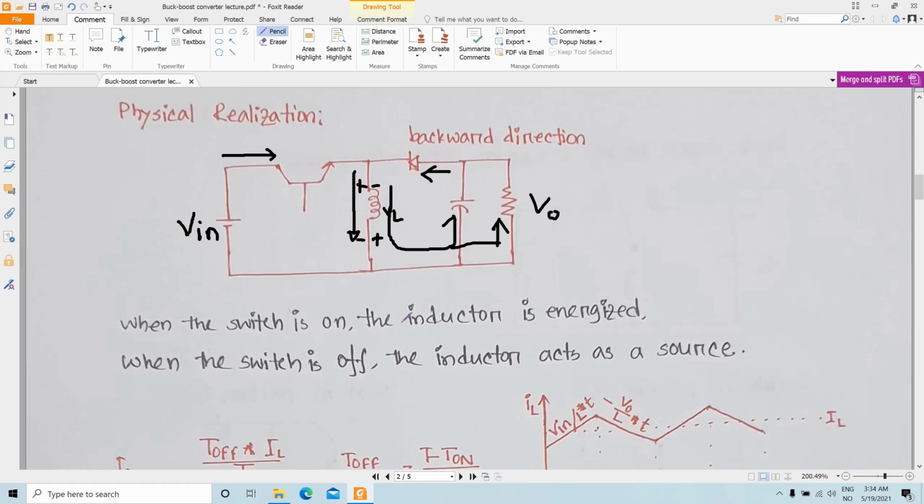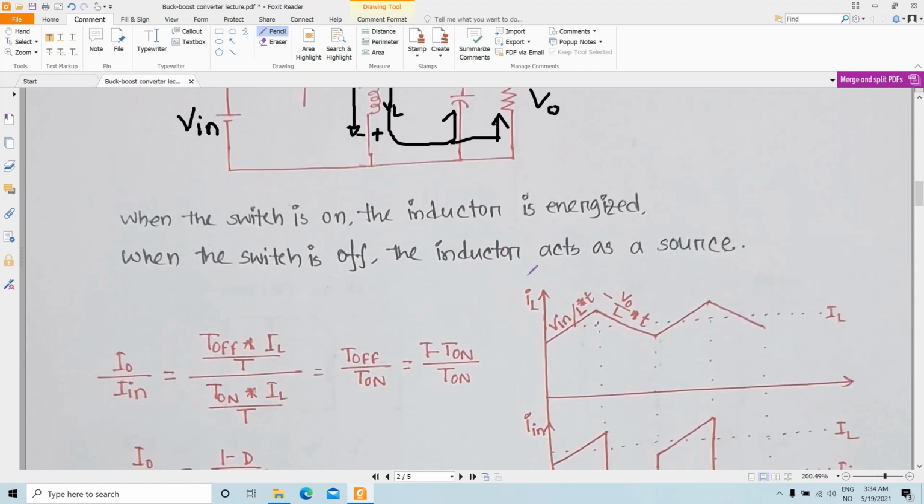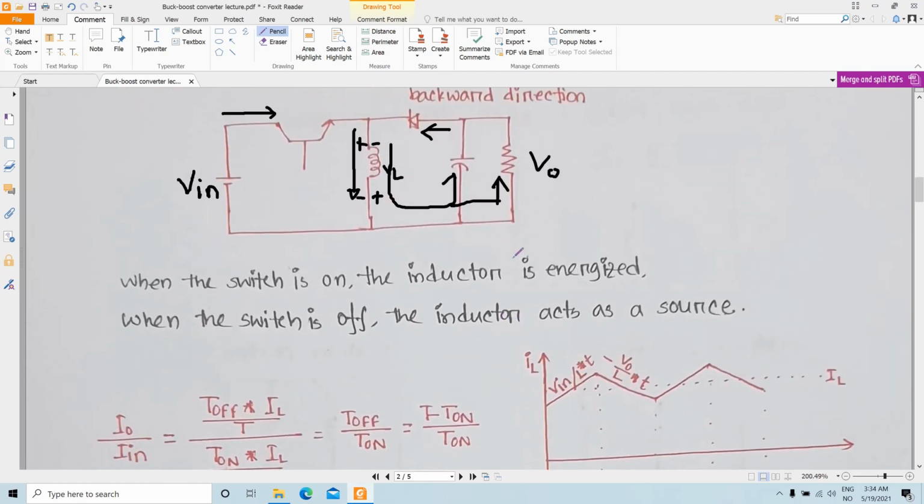And if we look at the inductor current waveform, we know that L di/dt is our inductor voltage. So this is our inductor voltage VL.